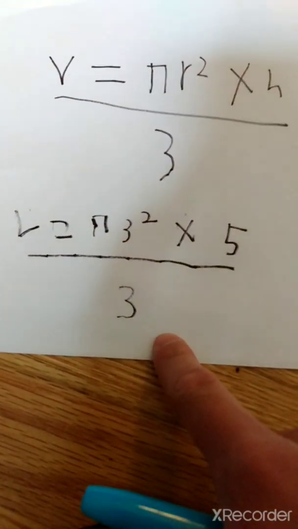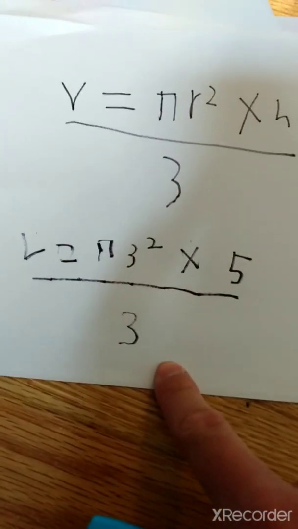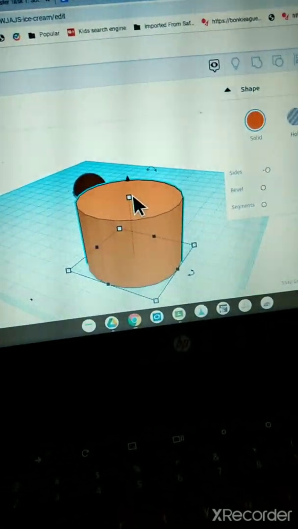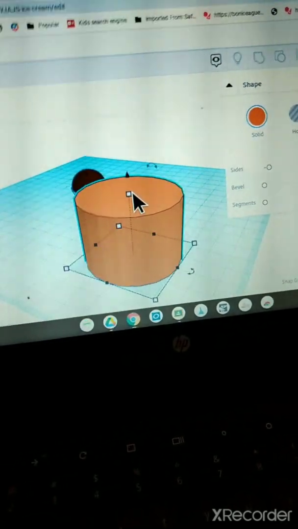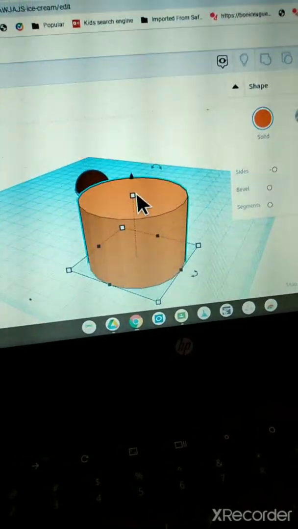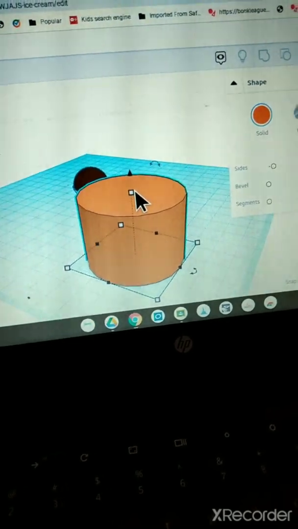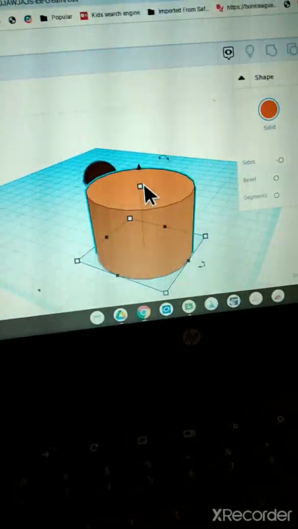Our last step for the cone is to divide by 3, because a cone takes up 1/3 of the volume of a cylinder. Just like in the last video, if you put a cone inside a cylinder, it takes up 1/3 the space.